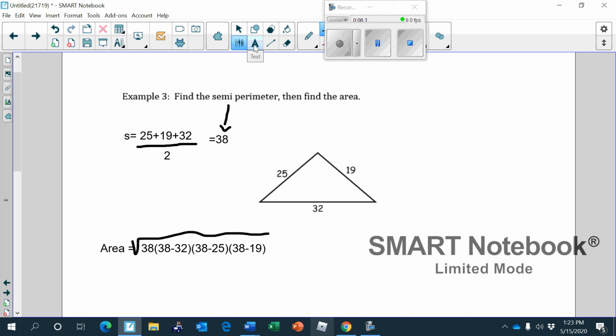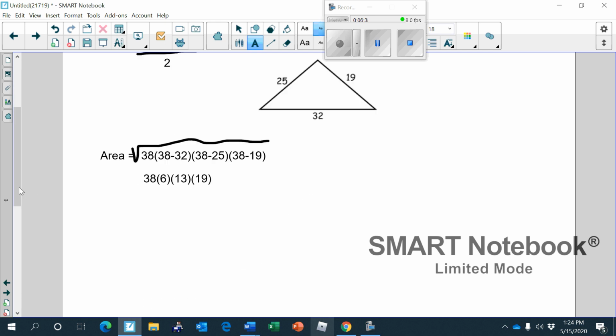Okay, so what we get there is, I'm just going to, again, do it in pieces to make sure everyone is good with it. So 38 times 6 times 19, I lied, times 13 times 19, if I'm doing it in the correct order, right? Okay, and then when I figure that out, you should have gotten 56,316 is what I got.